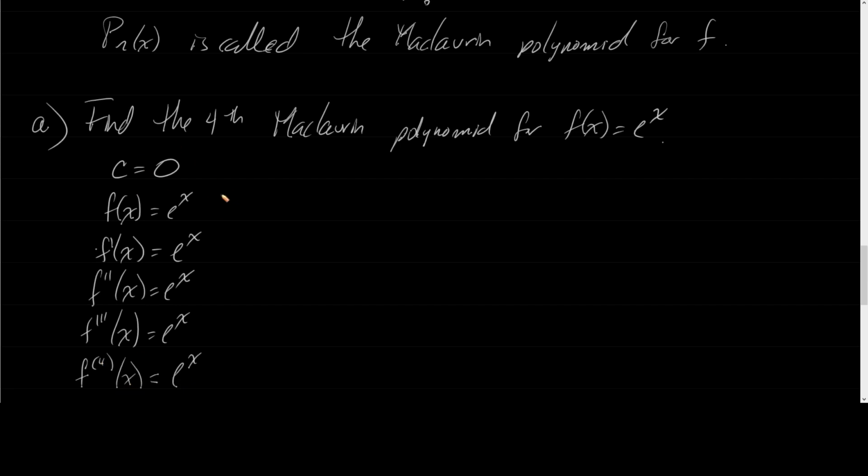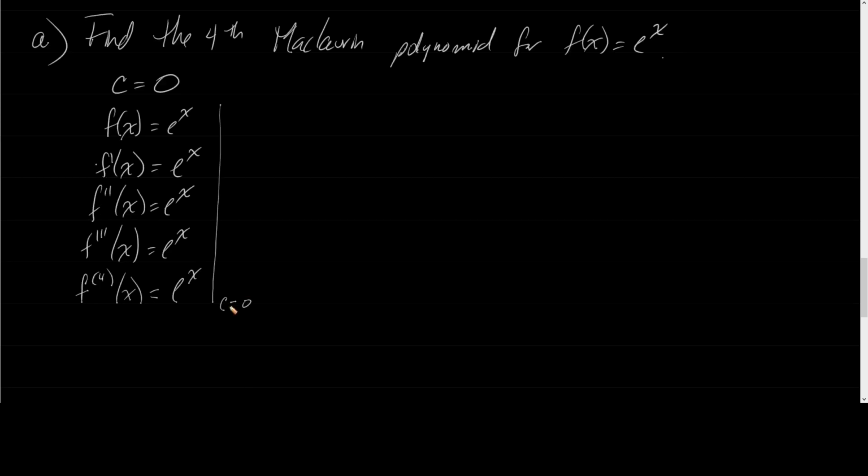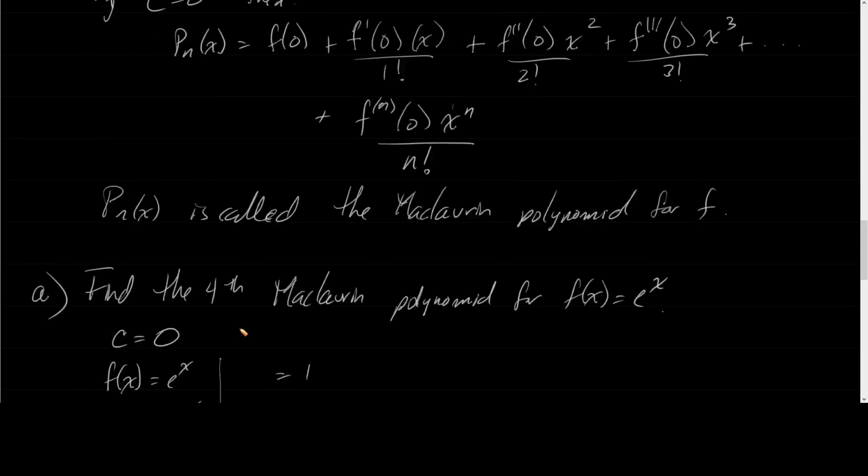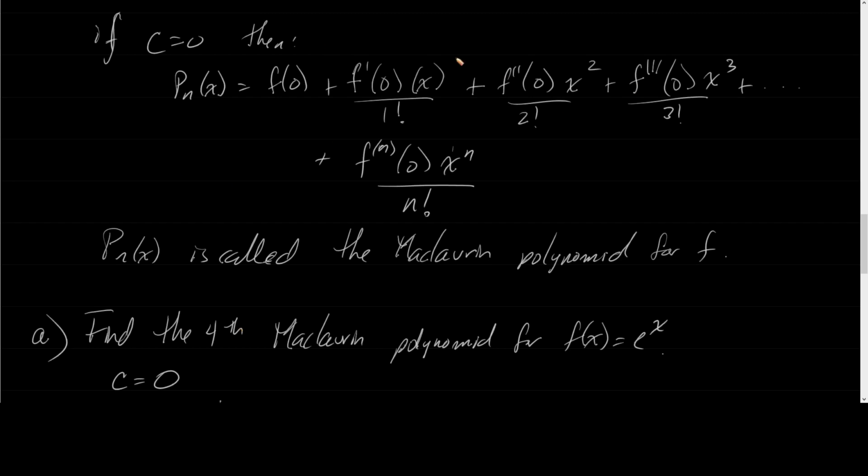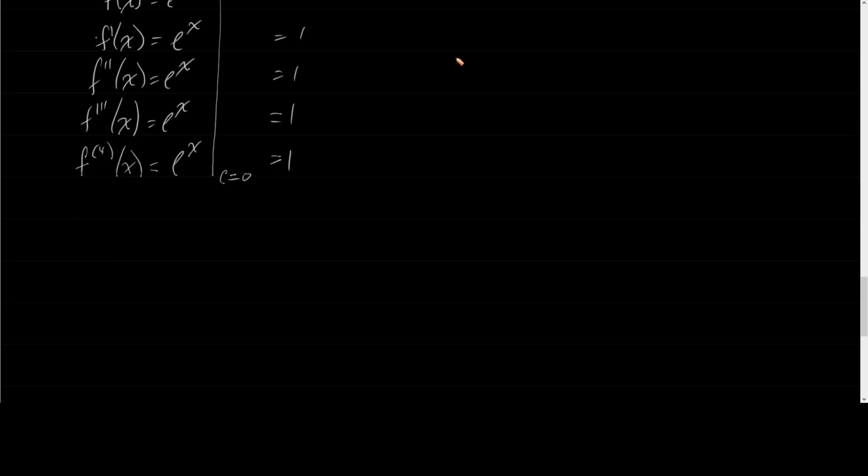Evaluating at c equals 0, we get, well, e to the 0 is 1. So all of these are just 1, right? So at that point, what does that give us? Well, we can go ahead and write this.